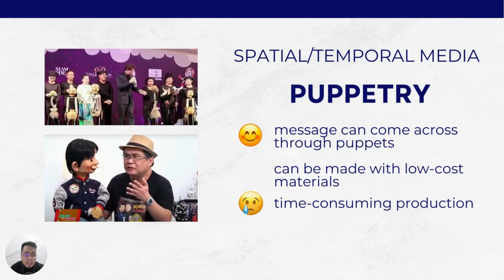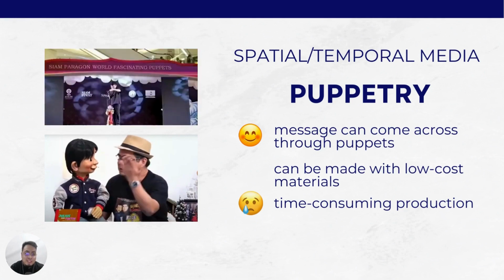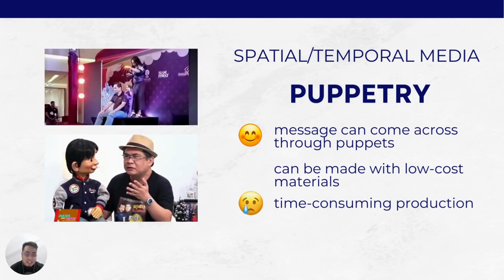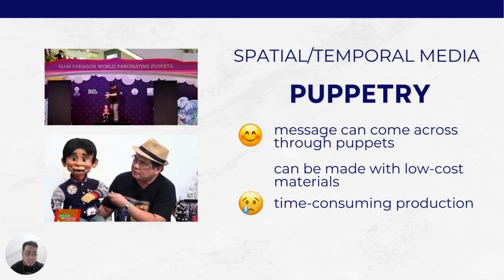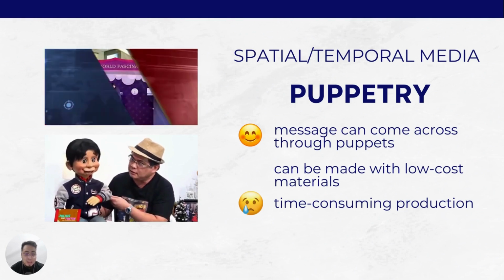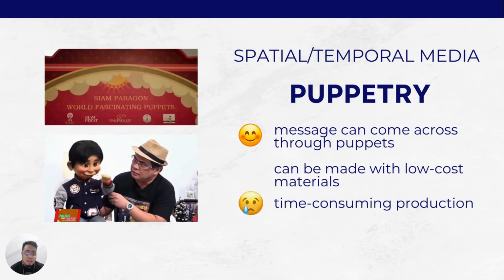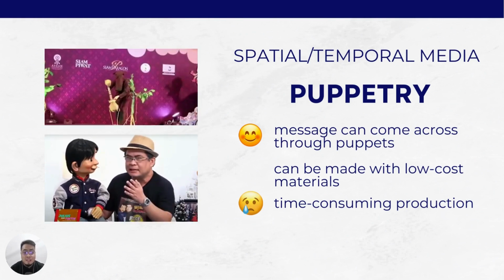Because if we can't ask a person to portray it in a drama, puppetry is the low cost one. Another one, it can be made with low cost materials. Because if we can't convince a particular person to present a character, we can use a puppet. And if we think it is high maintenance, we can create materials that are low cost.